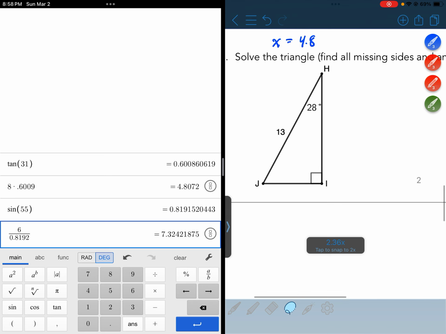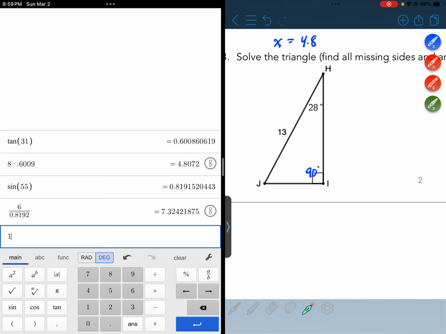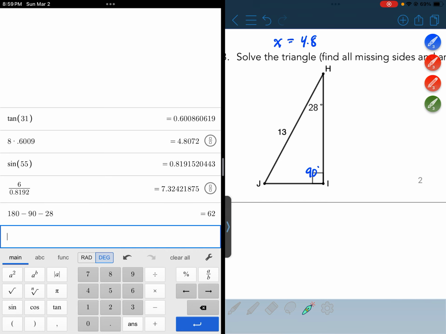We already know that this angle is 90 degrees. This one up here is 28 degrees. And remember that triangles always add up to the magic number of 180. So we'll do 180 minus 90 minus 28, giving us the last angle of 62 degrees.